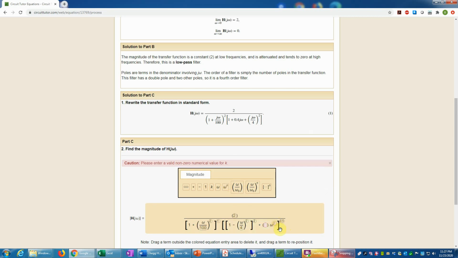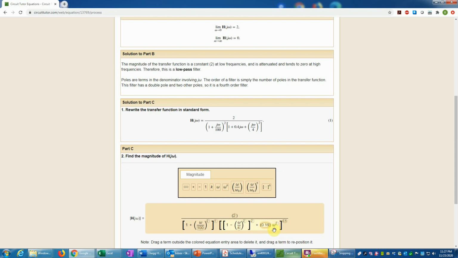That might be the easiest way of doing it. So we have the 0.4 squared, that'll be 0.16, and the omega squared will be that. So that's the imaginary part squared, the 0.4 squared times omega squared. Again, the j is nowhere to be found because that's not in the imaginary part.